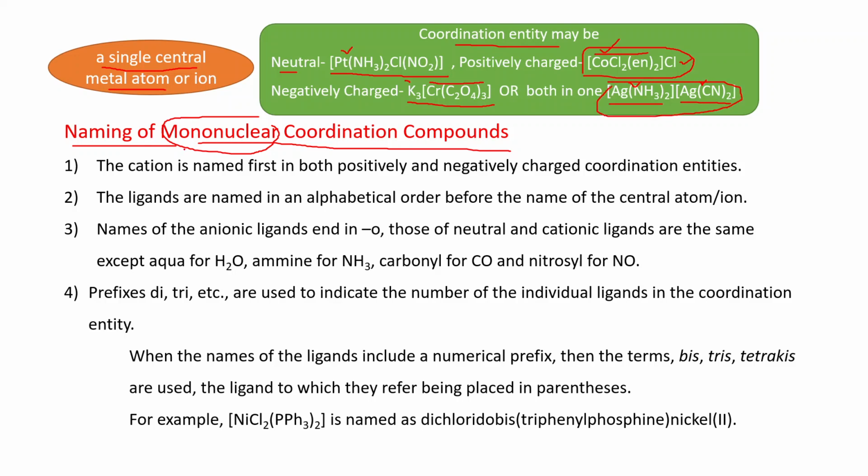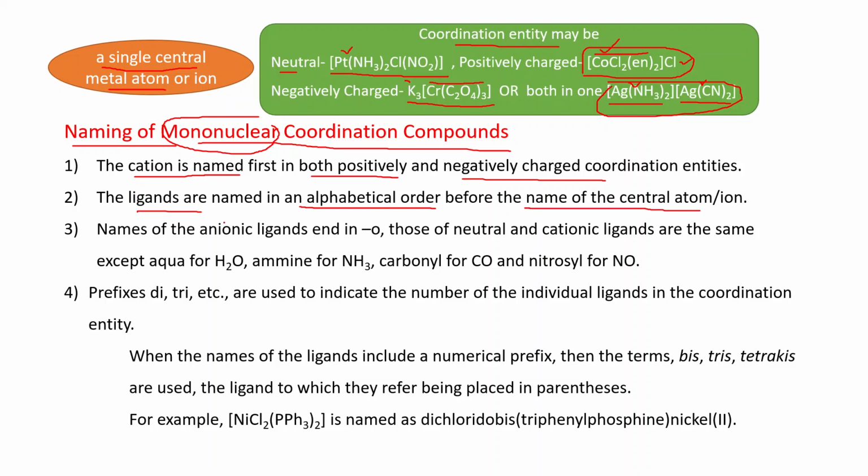Okay, now come to some rules for naming of mononuclear coordination compounds. The cation is named first in both positively and negatively charged coordination entities. The ligands are named in alphabetical order before the name of the central atom or ion.